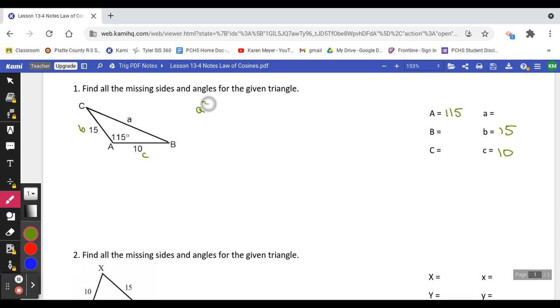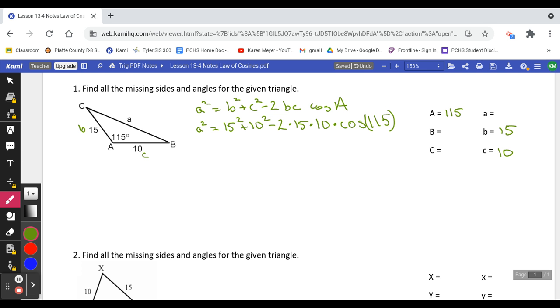Here's my formula: little a squared equals b squared plus c squared minus 2bc cosine of A. Now let's plug in. a squared equals 15 squared plus 10 squared minus 2 times 15 times 10 times cosine of 115.